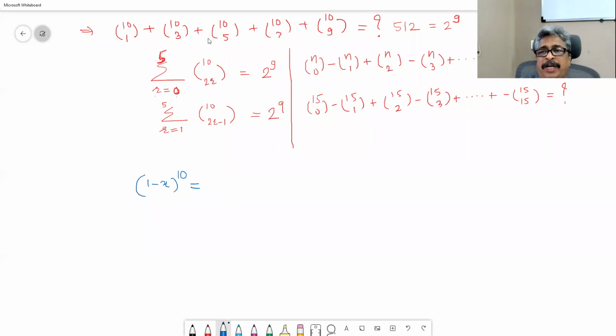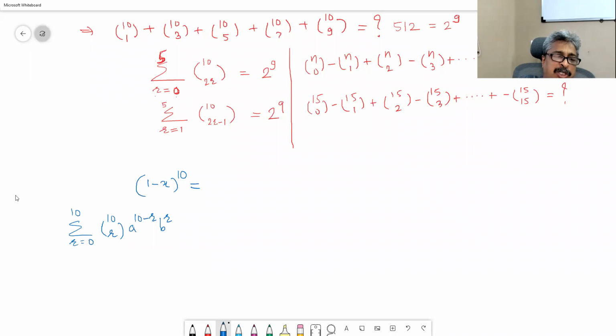Let us see how you write it of this. You have to remember the binomial theorem. First term a is equal to, what is our binomial theorem? Sigma r goes from 0 to 10, 10 choose r, a raised to 10 minus r, b raised to r.